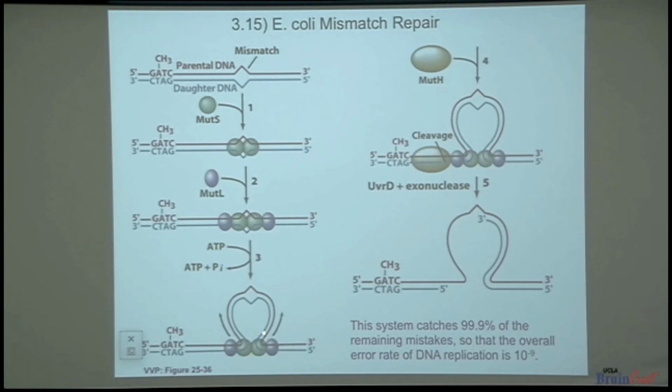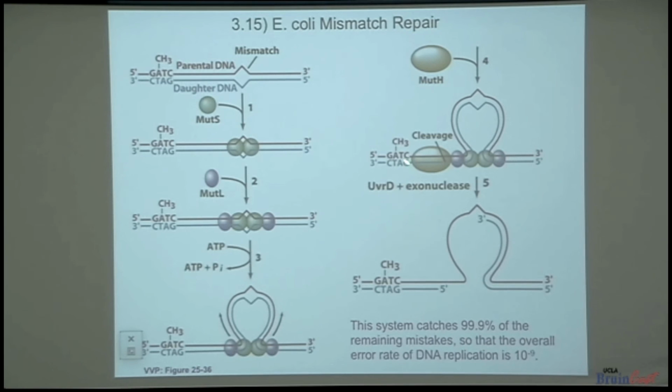Once it comes into contact with this hemimethylated GATC sequence, that triggers the recruitment of another enzyme called mut-H. Mut-H is actually an endonuclease, and what it does is it looks at the GATC sequence and it specifically cleaves the unmethylated strand.